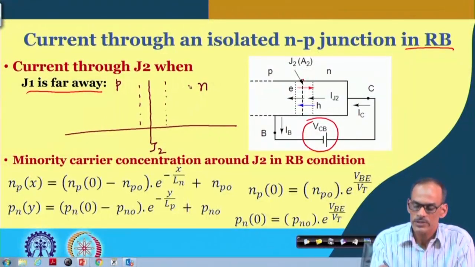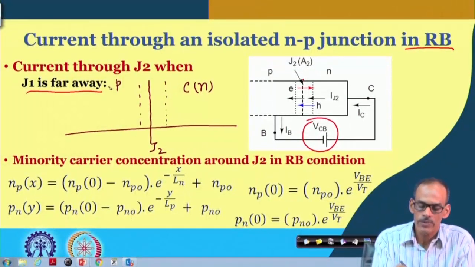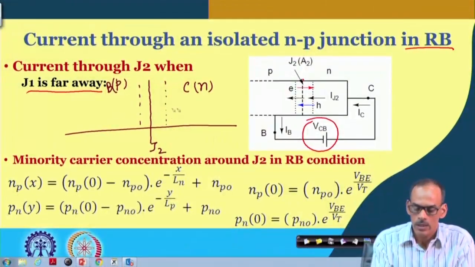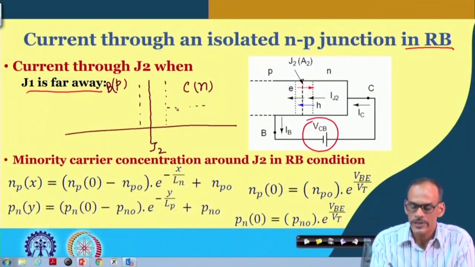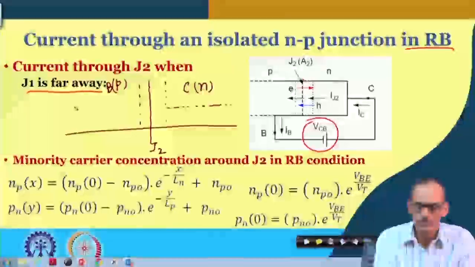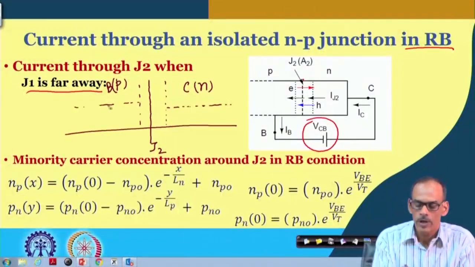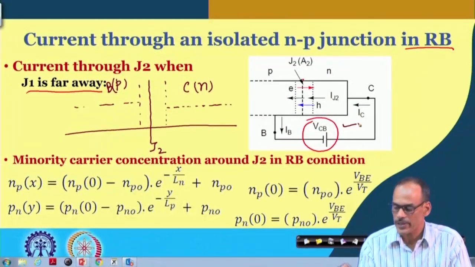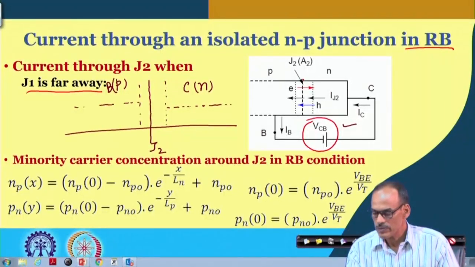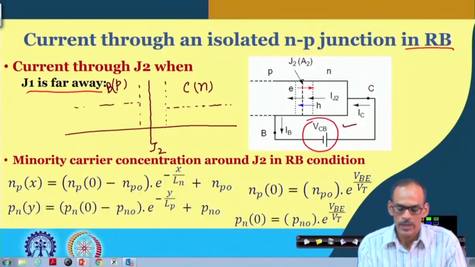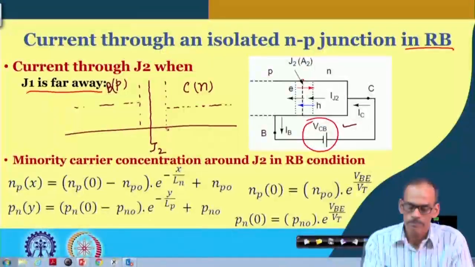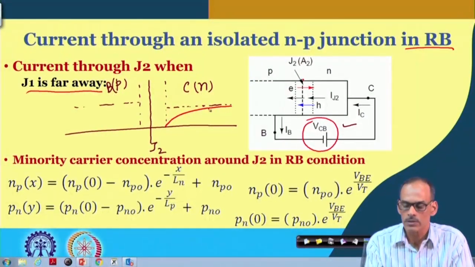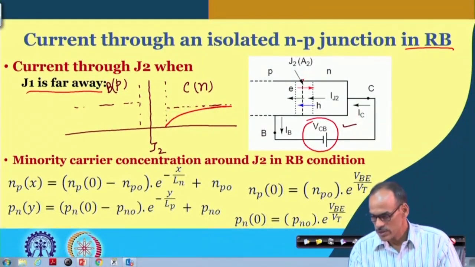This is the collector region, N type, and the base region, P type. If we have 0 bias, we know that the minority carrier concentration will be like this. But if we apply reverse bias, the influence of the reverse bias is that it will be approaching 0 like this. Same thing on the other side also.